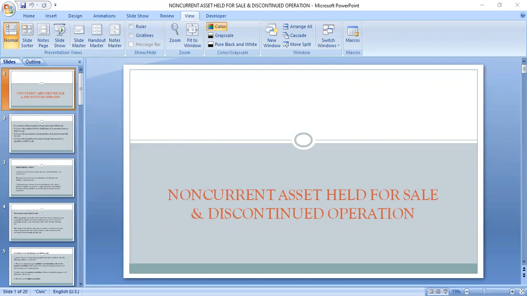Okay, so we have now your non-current asset held for sale. And here we have included already discontinued operations, which is part of chapter 7.